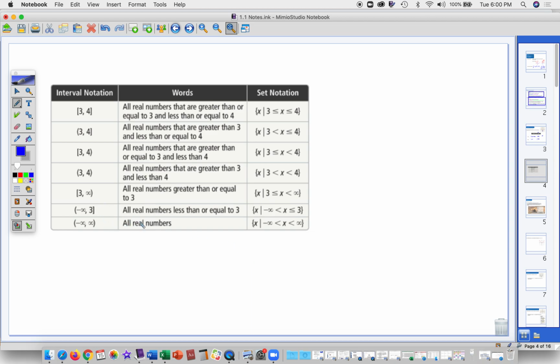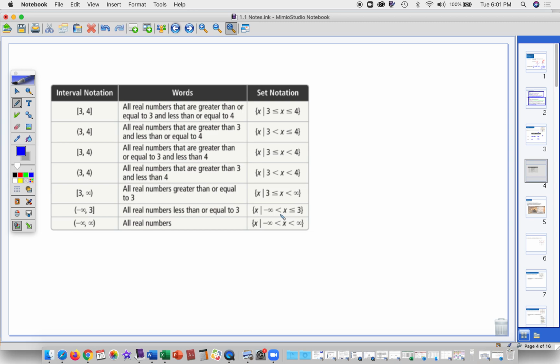If you're saying all real numbers, notice it's negative infinity to infinity like we wrote before. Again, parentheses around both. If you have the case where we're going from negative infinity on up to a number, then again you start with parentheses: negative infinity on up to 3.